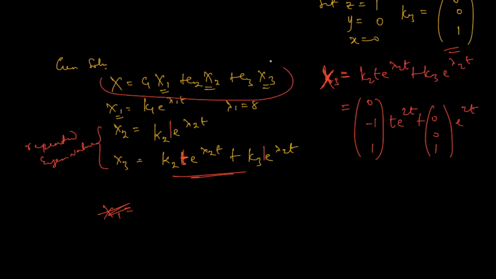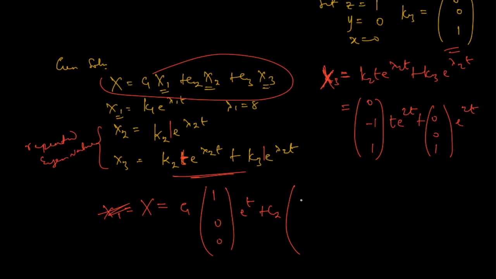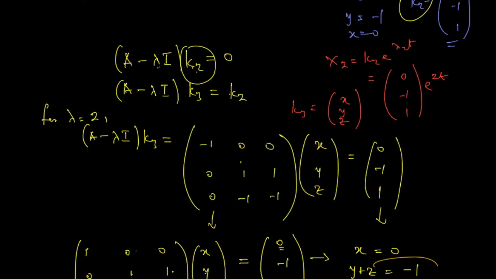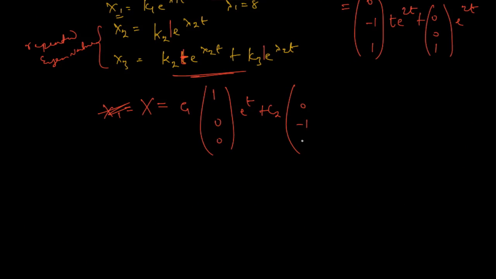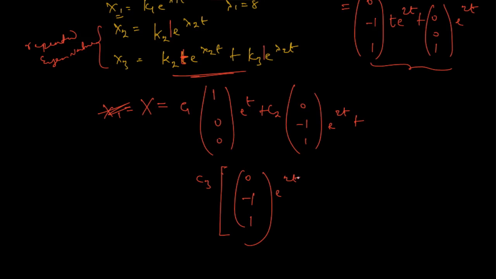So we have the general solution. I'm going to write this whole thing back. The general solution is x equals c1 times our x1 that we have just shown above, that is 1, 0, 0 e to the power t, plus c2 times the x2 that I just showed you above, that is 0, negative 1, 1 e to the power 2t, and then plus c3 times x3, which is 0, negative 1, 1 t e to the power 2t plus 0, 0, 1 e to the power 2t.